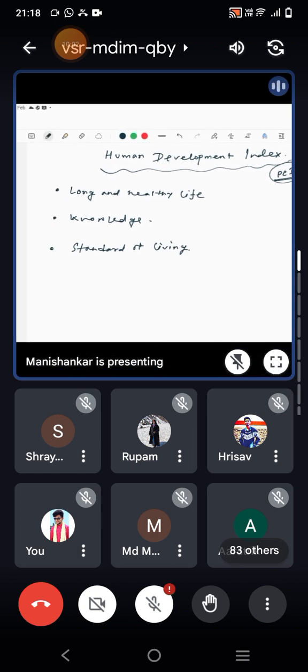So these are our three main indicators. Long and healthy life means, if your food consumption and medical facilities are good, then you can live a healthy life and your longevity is quite higher.